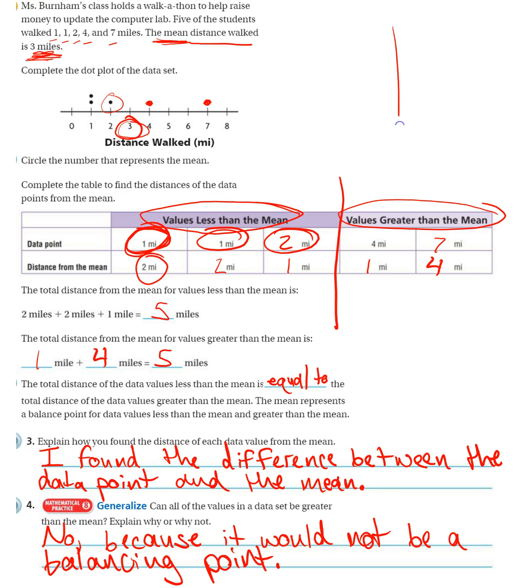If all the data were values greater than the mean, and there were none less than the mean, this wouldn't be a balancing point between the two sets of the data. Okay, the mean would have to move over.